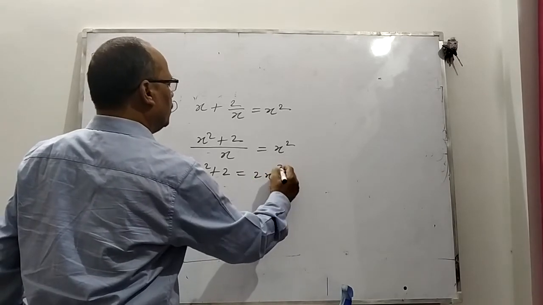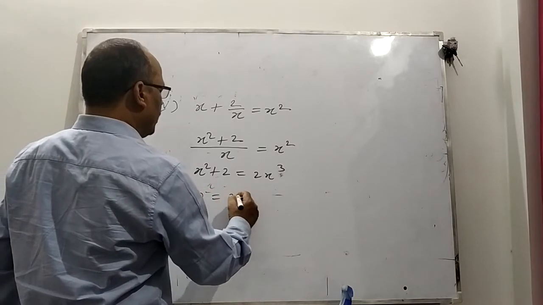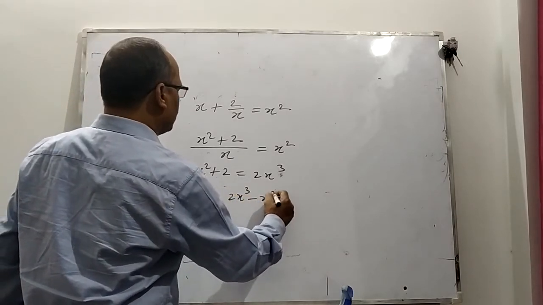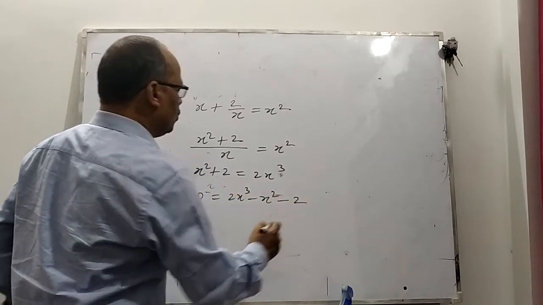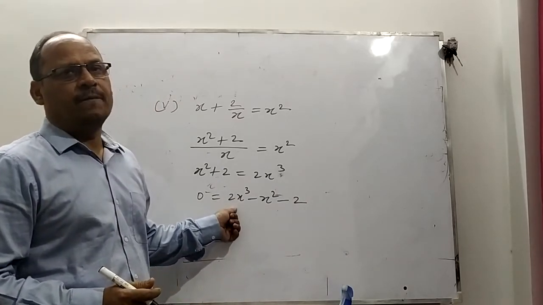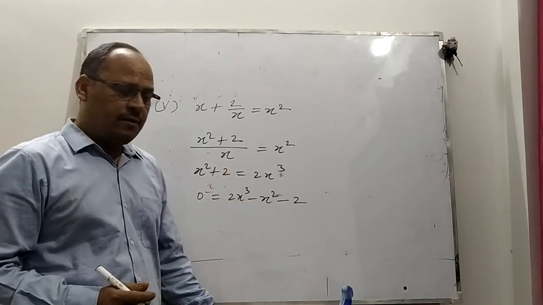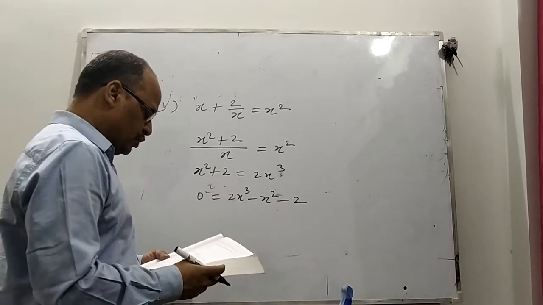This will be cube. Then 0 equal to 2x cube minus x square minus 2. What is the degree of this equation? The degree of this equation is 3. So it is not quadratic. This is clear? Okay. Now see the second question.